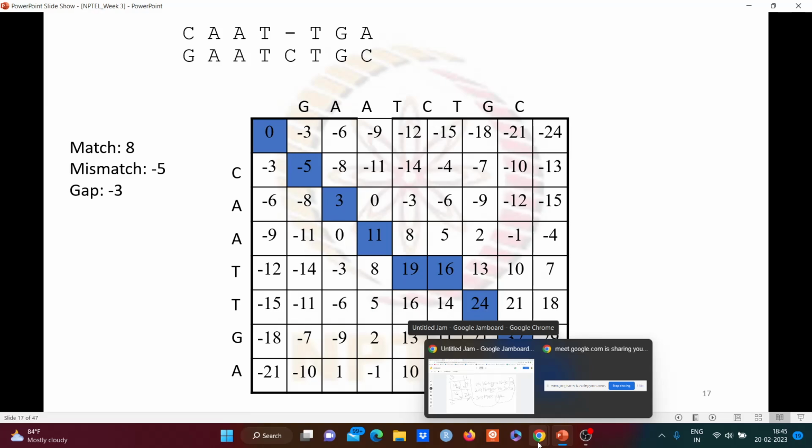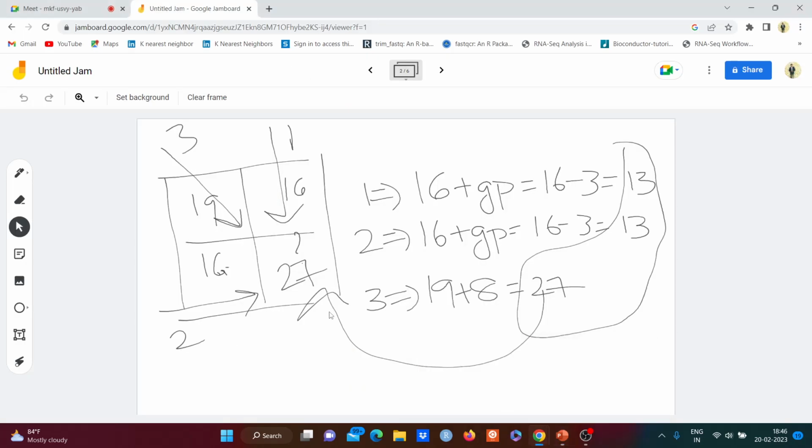Gap penalty is what? When we are moving from a horizontal cell or a vertical cell, we always consider the gap penalty only. We won't take match or mismatch. Match or mismatch only comes in this third case. In 1 and 2, it's always the gap penalty only. This is constant.